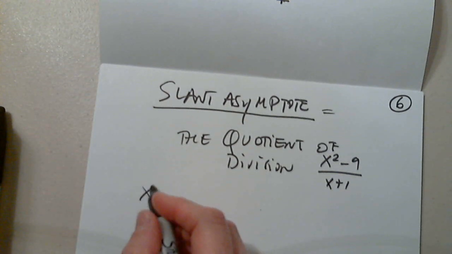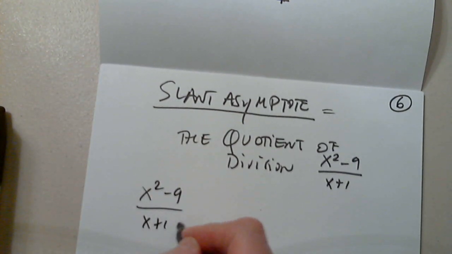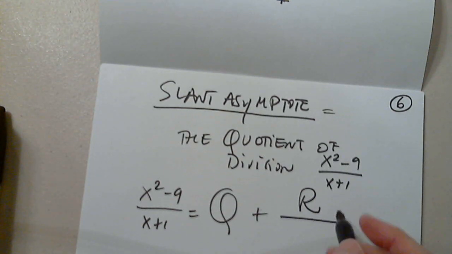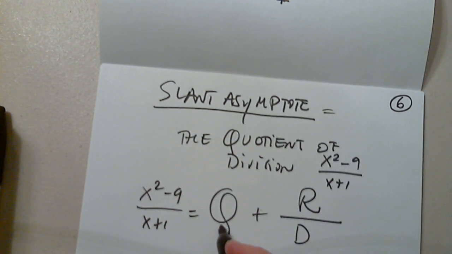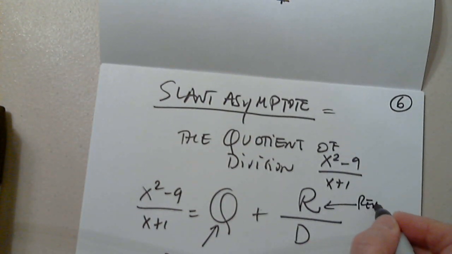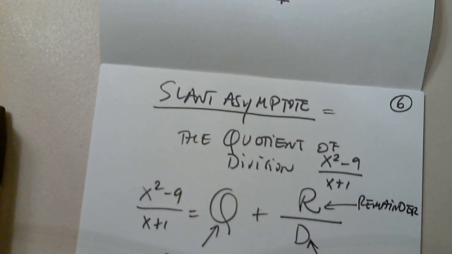So when we divide x squared minus 9 over x plus 1, we will get a quotient plus a remainder over the divisor. So Q, quotient. R, remainder. D, divisor. So the divisor is x plus 1. The quotient we will determine, the remainder we will determine.